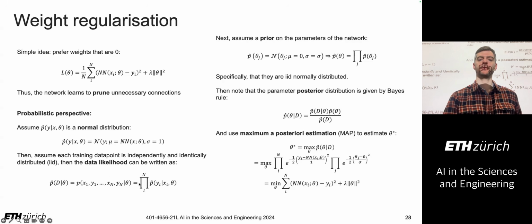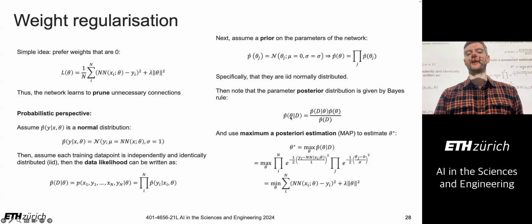Now what's different to before is we actually assume a prior on the parameters of the network. So we say, without knowing anything about the training data, we assume that the distribution of parameters is a normal distribution, with a mean of 0 and some standard deviation.